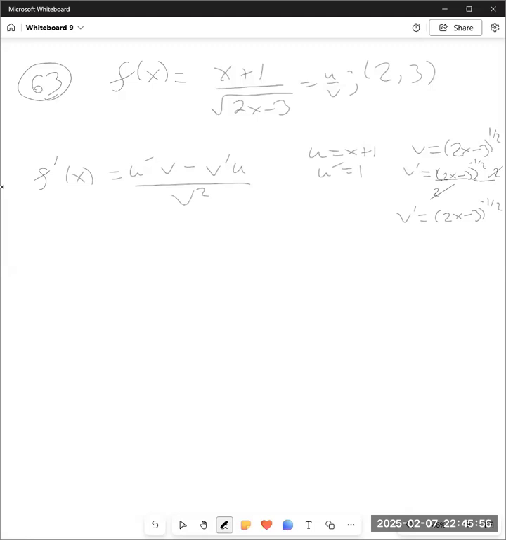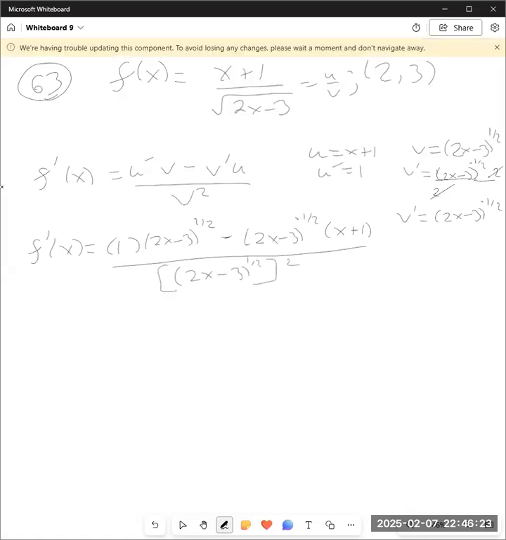F prime of x is equal to u prime v minus v prime u all over v squared.